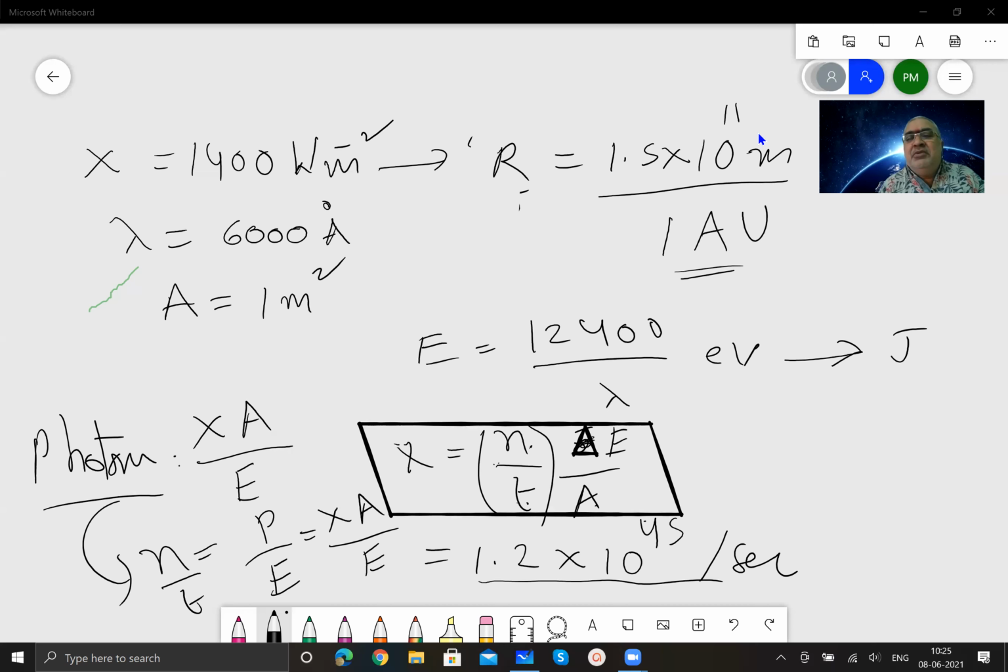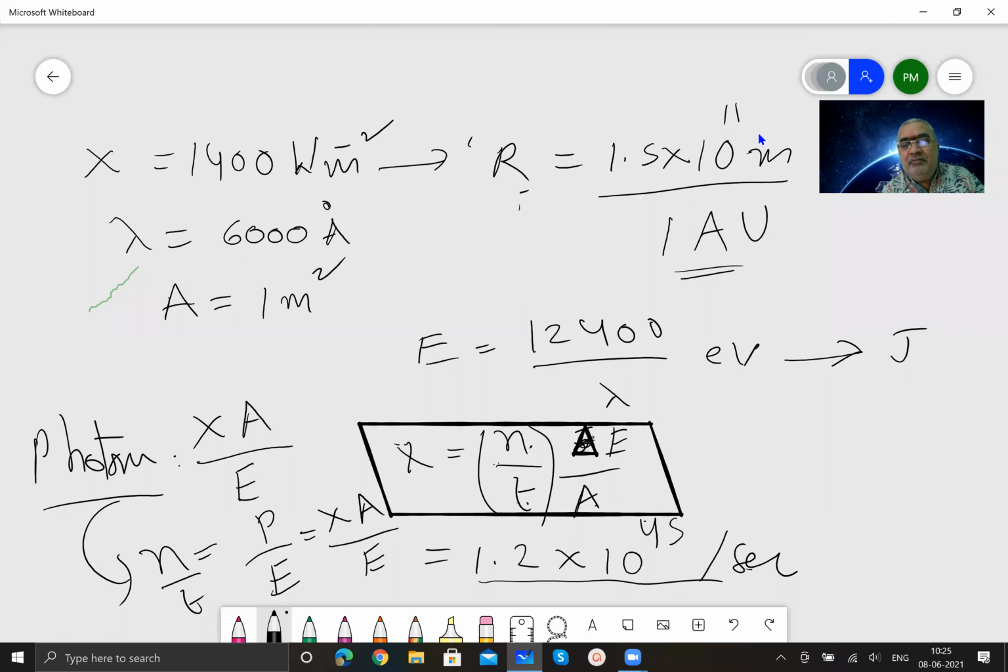Physics, practice as much as possible, not new problems. Standard models, what we are practicing, same thing, you change the data. For example, you calculate the number of photons per second. You are given energy, area, and intensity.